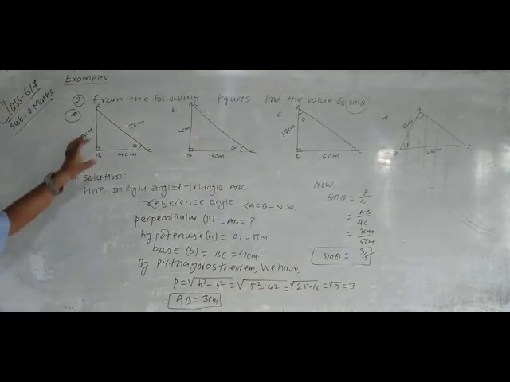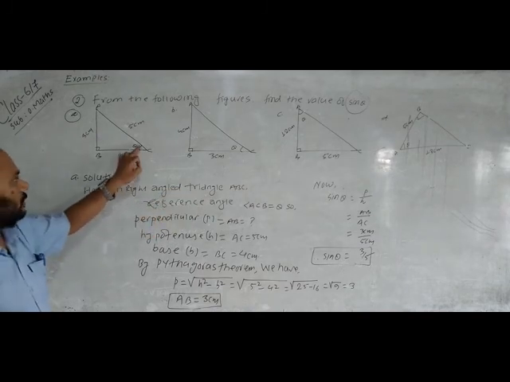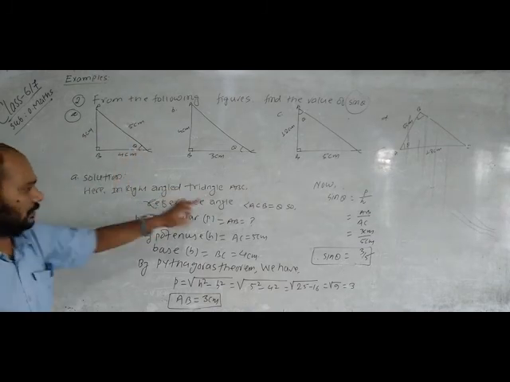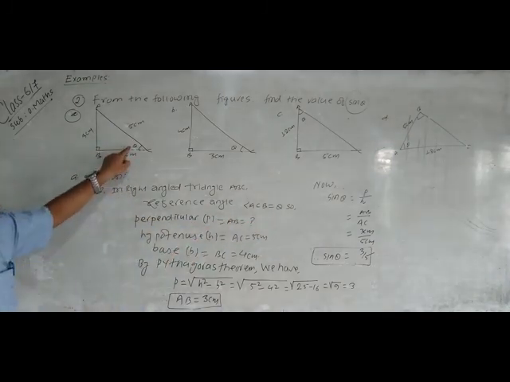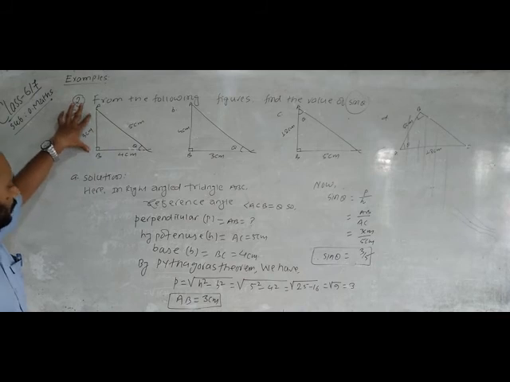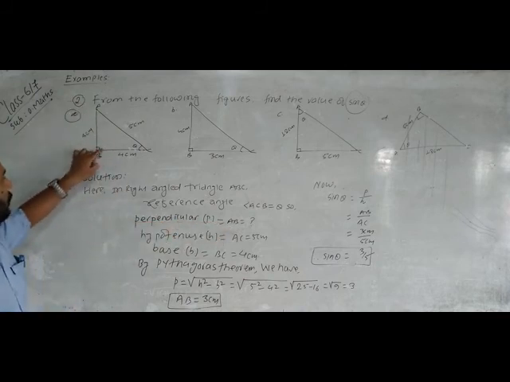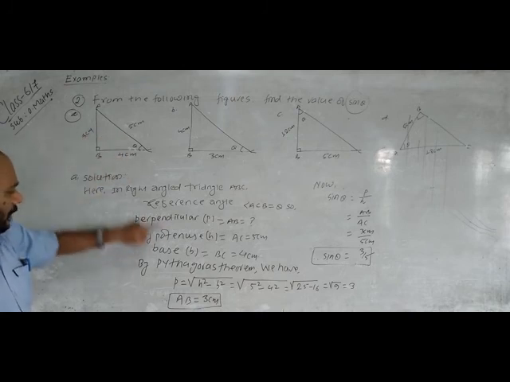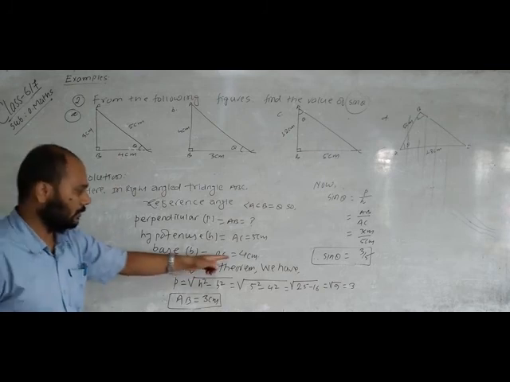Again, listen here. First we write in right angle triangle ABC, reference angle which is given, ACB is equal to theta, and you know the side which is opposite to the reference angle is the perpendicular AB, and the side which is opposite to 90 degrees is the hypotenuse, and the remaining side represents the base which is given, 4 cm.